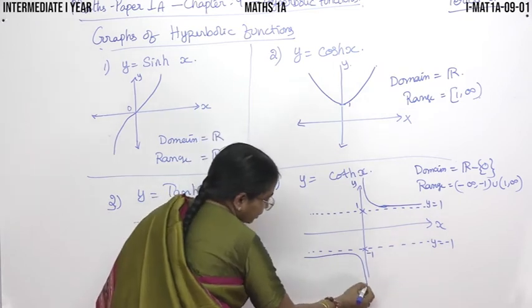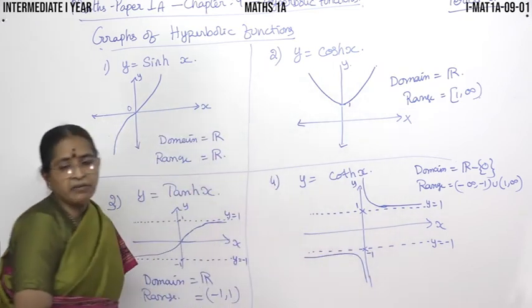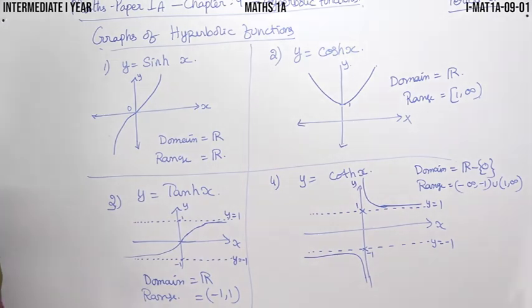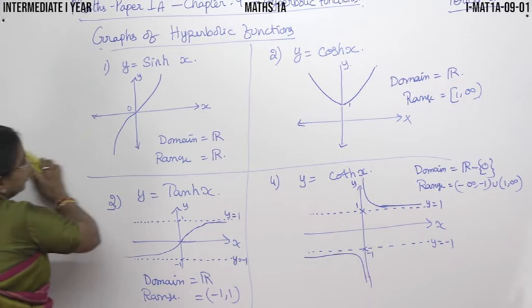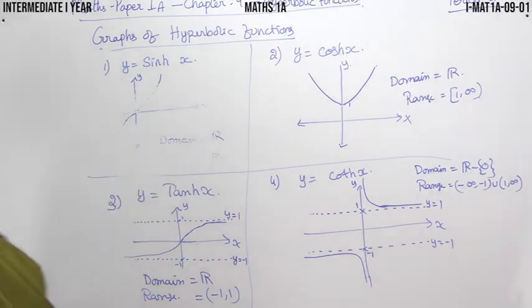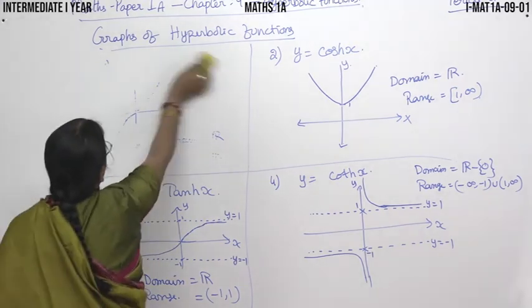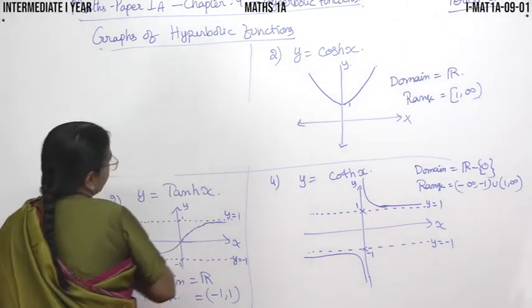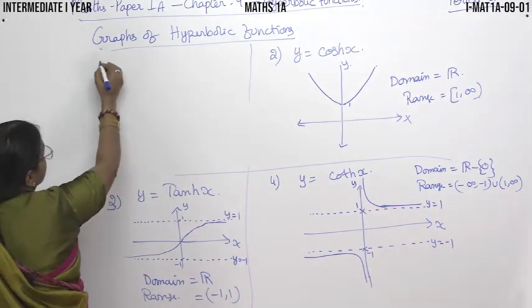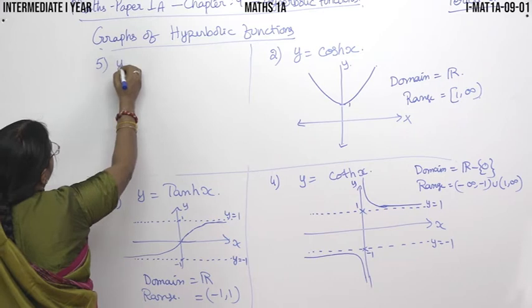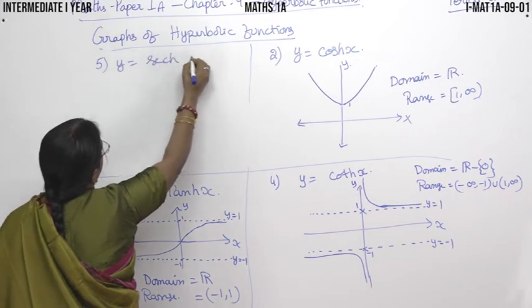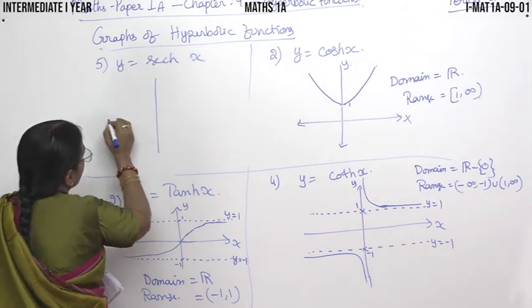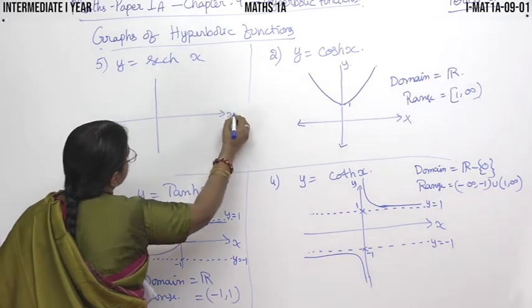It will not touch. So this is the graph of y is equal to cot hx. Now next is the graph of y is equal to secant hx, the fifth one. So this is x-axis.